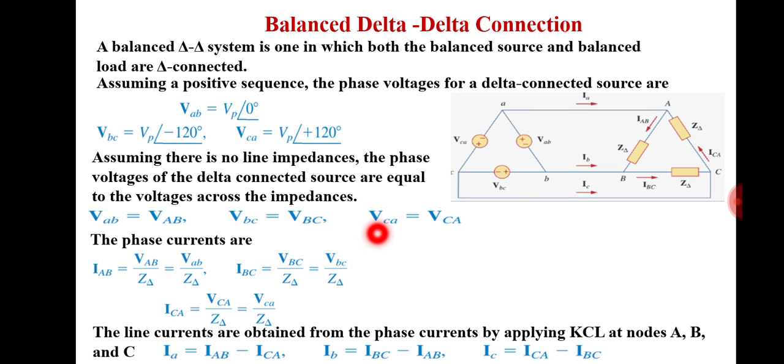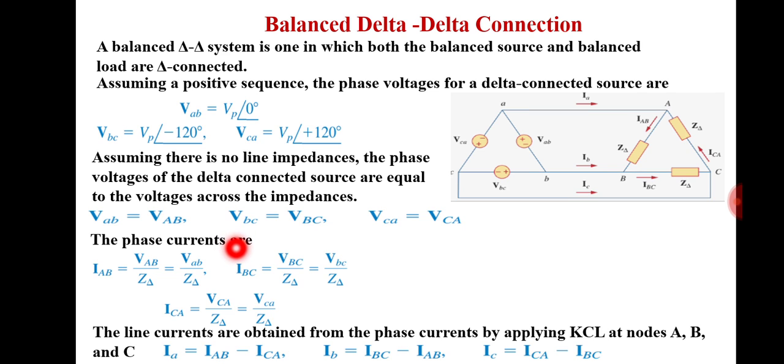So here we write VAB is equal to capital VAB, VBC is equal to capital VBC, and VCA is equal to capital VCA. That means the phase currents are IAB is equal to VAB divided by Z delta, same as IBC is equal to VBC divided by Z delta and ICA is equal to VCA divided by Z delta.